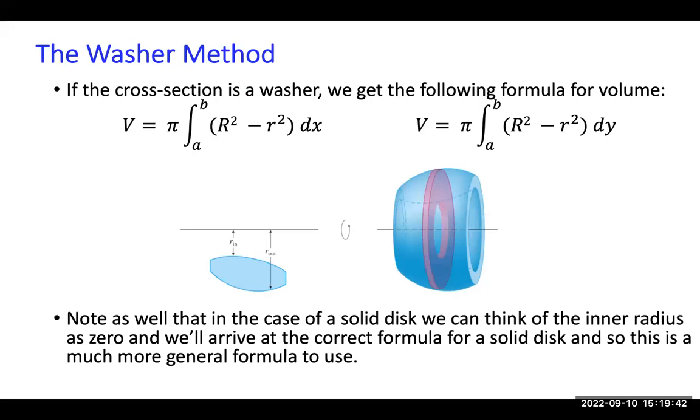If the space is completely filled in, then we just do the disk method. You're going to do pi r squared dx. If there is a space between the region and the axis of revolution, so here is my axis of revolution in this case, and there's a space between the region that we're rotating and the axis of revolution, in that case, we have to do a washer method, meaning that there is an empty space in the middle.